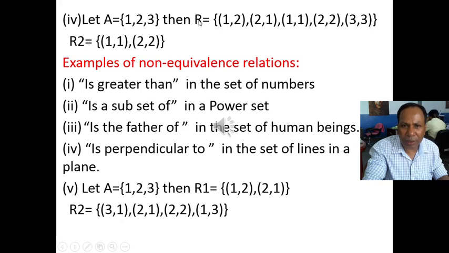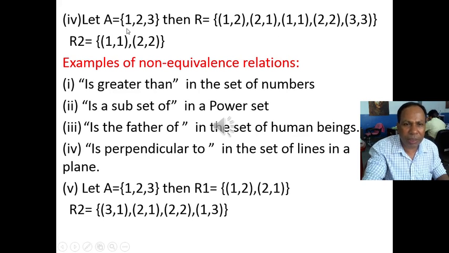In the first relation, we find the elements (1,2), (2,1), (1,1), (2,2), and (3,3) are present. That means 5 ordered pairs are present in the first relation.